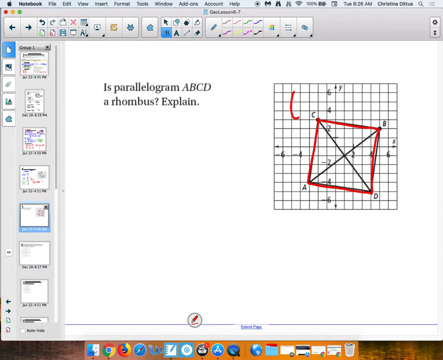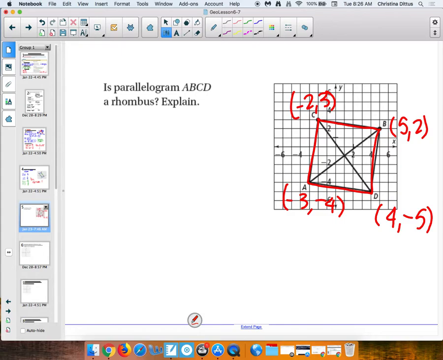C is at -2, 3. B is at 5, 2. D is at 4, -5. And A is at -3, -4. I would check those. Hopefully somebody was checking me.